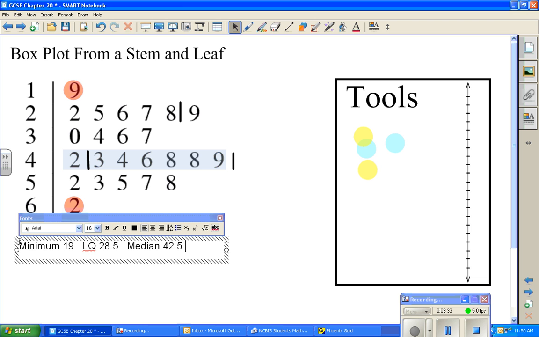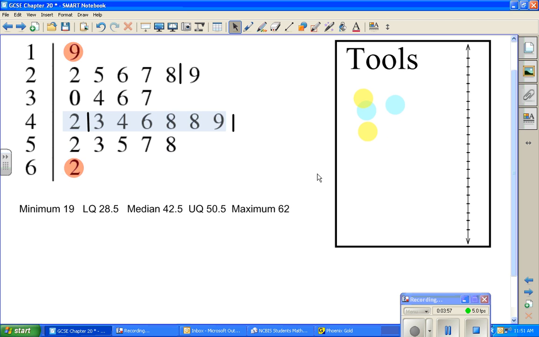The upper quartile here is between 49 and 52, which makes it 50.5, which is halfway between there, and the maximum is at 62. Okay, so this gives us all our information.